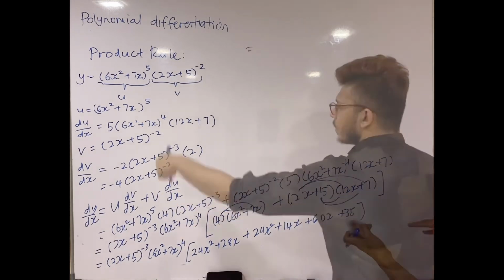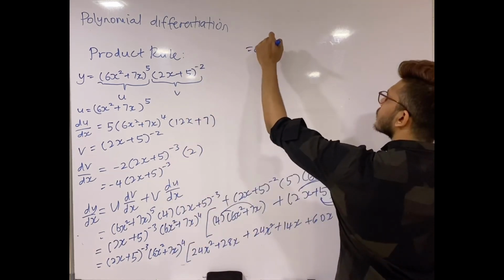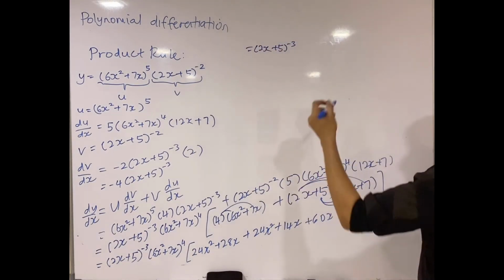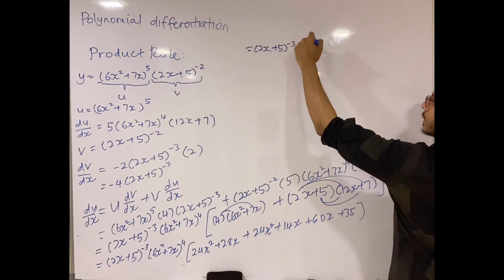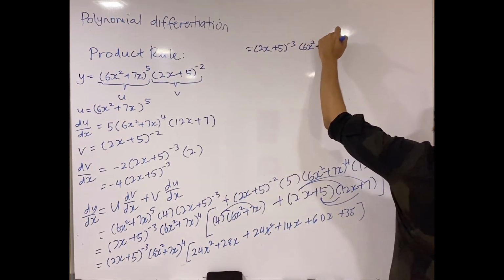Now can you simplify what? So (2x plus 5) to the power of -3. Then you have (6x squared plus 7x) to the power of 4.